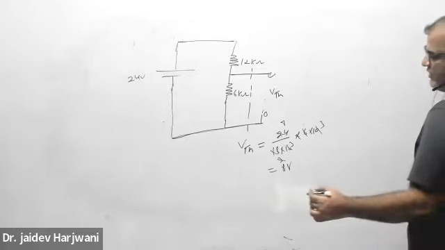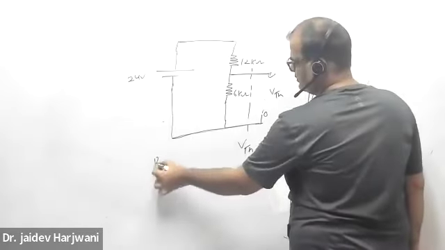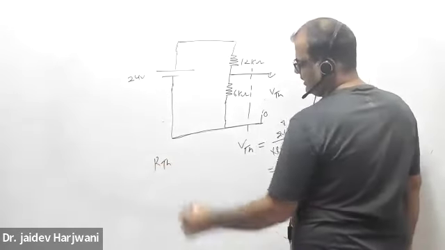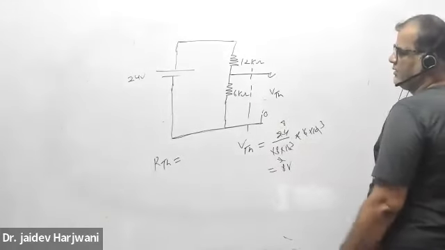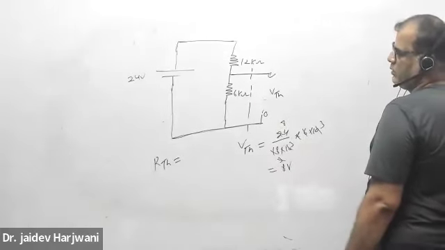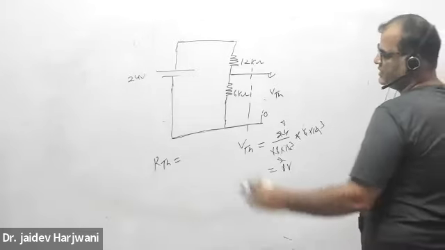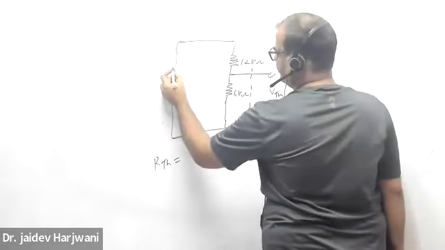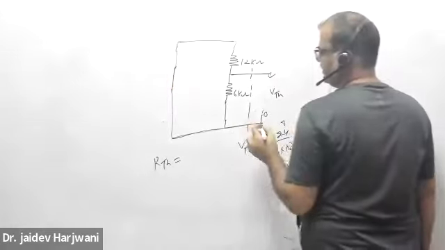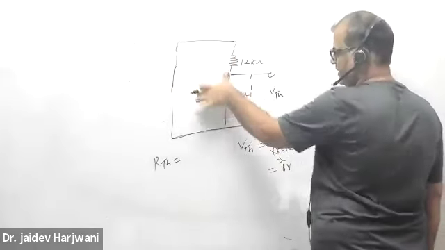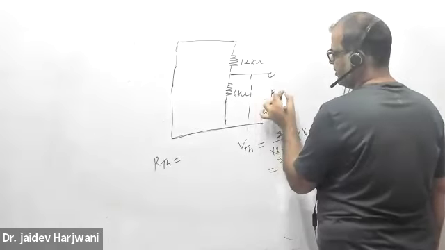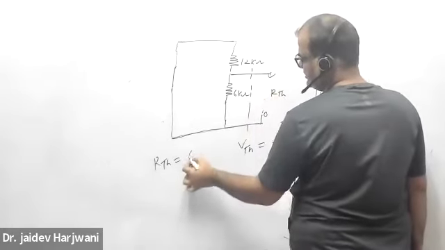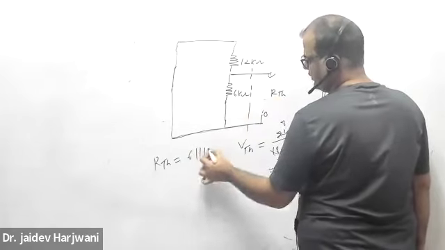And what is R Thevenin? If I make this short circuit, then this resistance is parallel to this resistance, and this is R Thevenin. R Thevenin is 6 kilo ohm parallel to 12 kilo ohm.